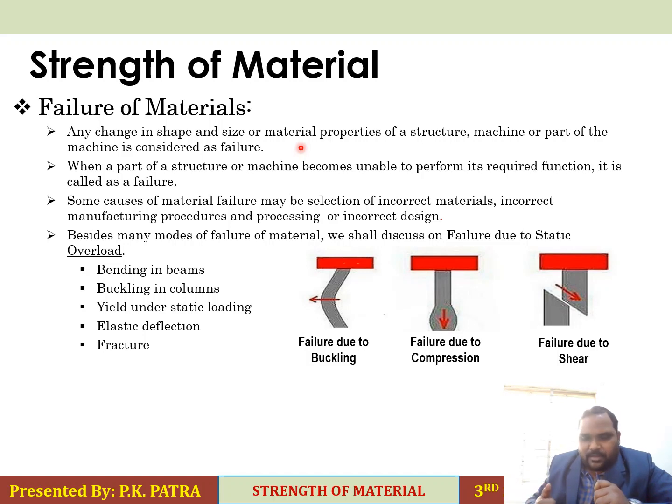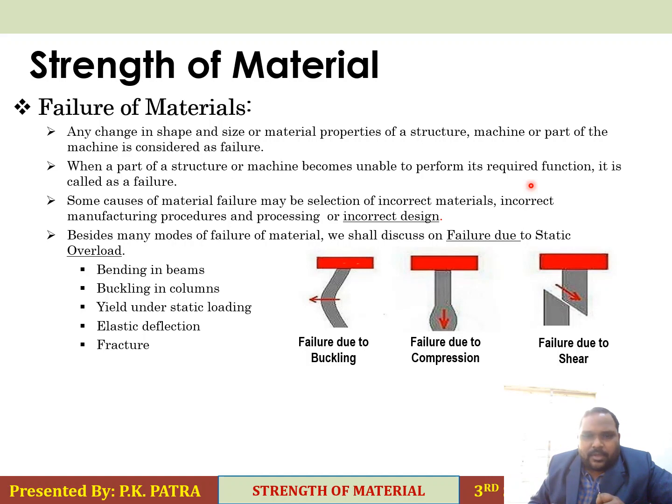So when we will apply load on that material, we ensure that there is no change in shape, no change in size. That means there is no deformation. Okay. Then when a part of a structure or machine becomes unable to perform its required function, what is that?